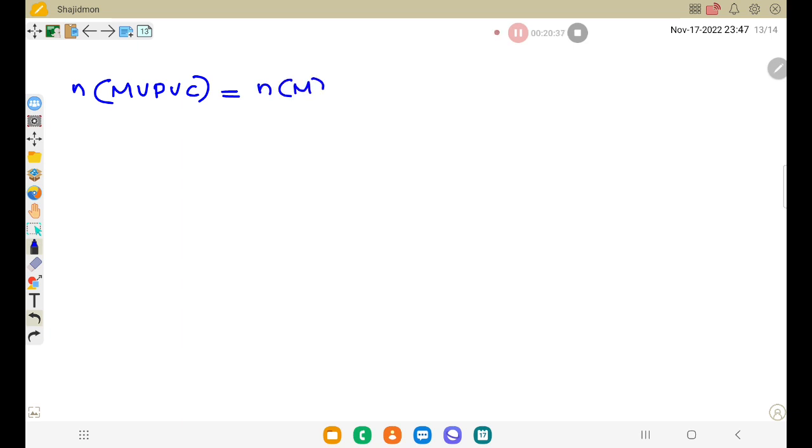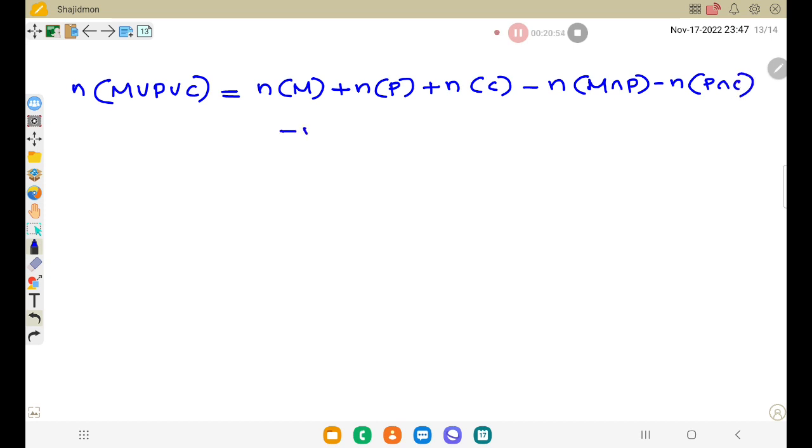Number of students in math plus number in physics plus number in computer science, minus the number of elements of math intersection physics, minus physics intersection computer science, minus mathematics intersection computer science, plus mathematics intersection physics intersection computer science. Correct? Just writing the rule. Now apply the values one by one.